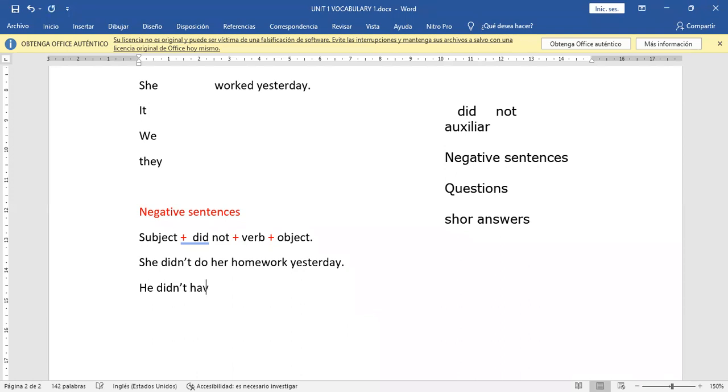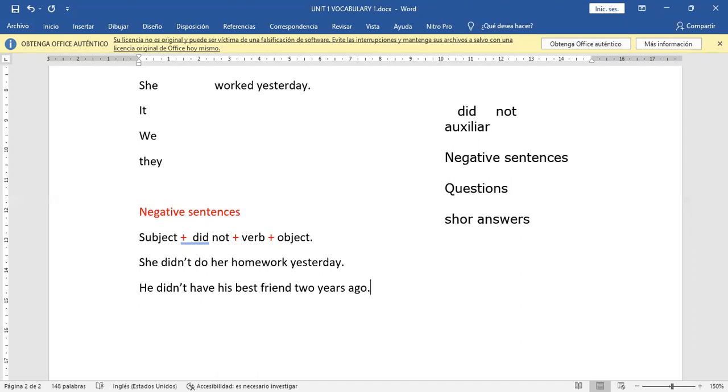He didn't have his best friend 2 years ago.